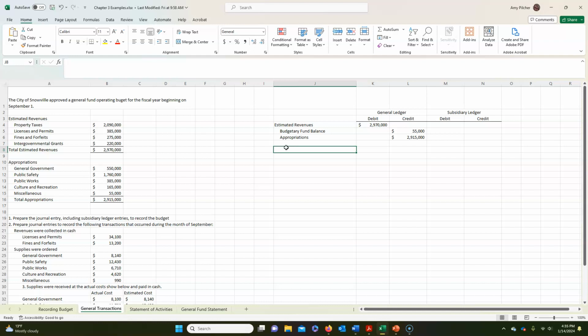Now we're going to record in the subsidiary ledger. First we have our estimated revenues ledger. We have our taxes, licenses and permits, fines and forfeits, intergovernmental.